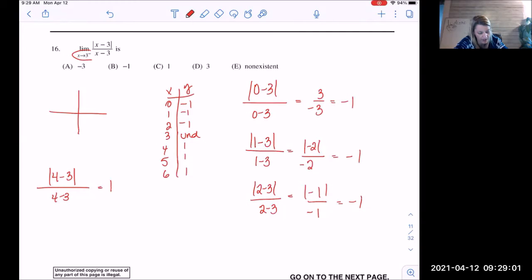So this graph looks like at 3 here, when we're to the left of 3, we always get a value of negative 1. When we're to the right of 3, we always get a value of positive 1.